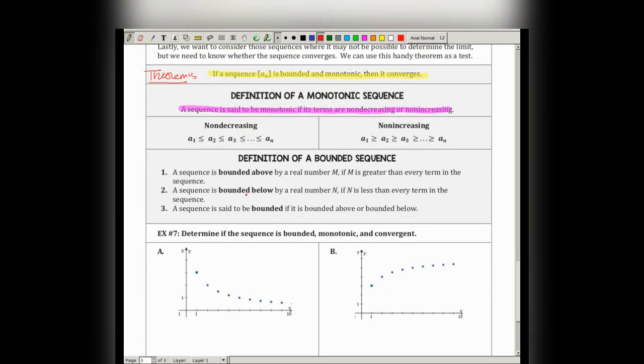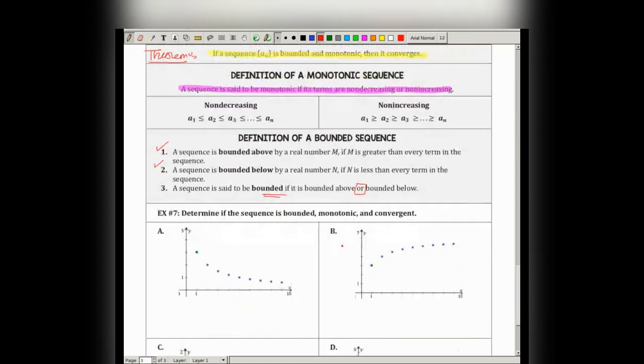All right, bounded above means that it's bounded by some number M, where M is greater than all the terms in the sequence. Bounded below means that it's bounded by another number N, and this number is less than every other term in the sequence. We'll say that it's bounded if it's bounded above or bounded below. Bounded doesn't mean that it's bounded above and below. It's either bounded above or bounded below.